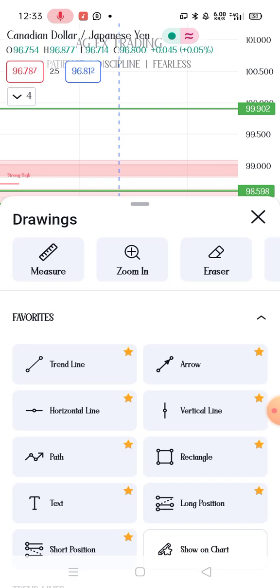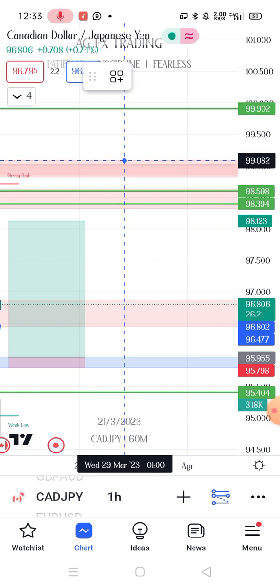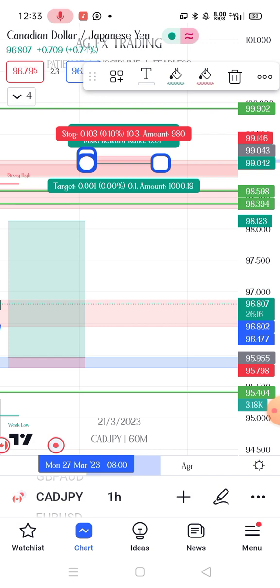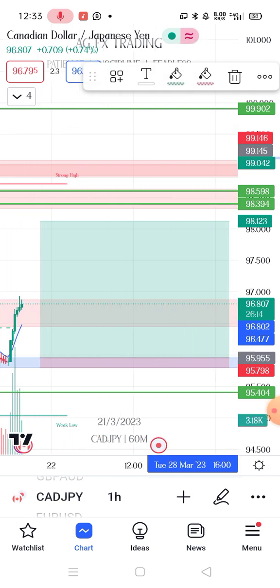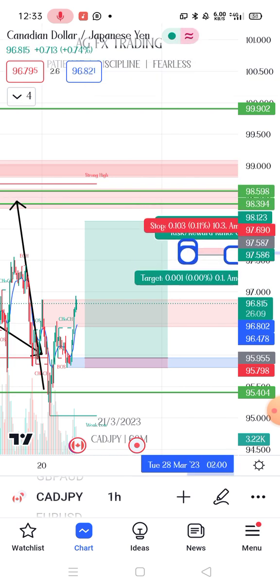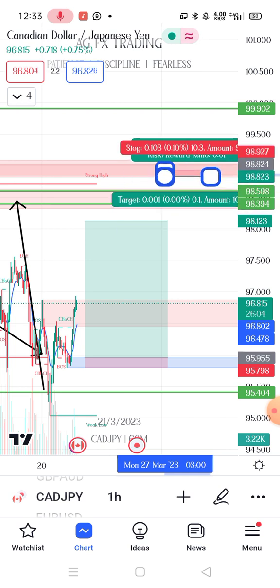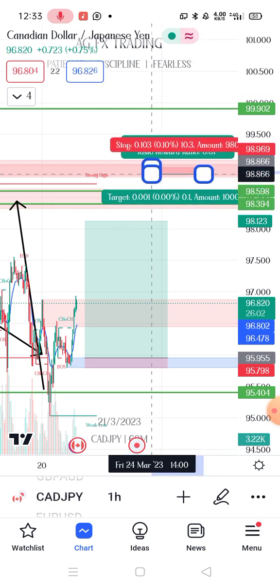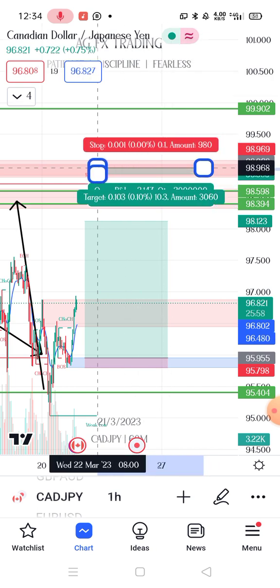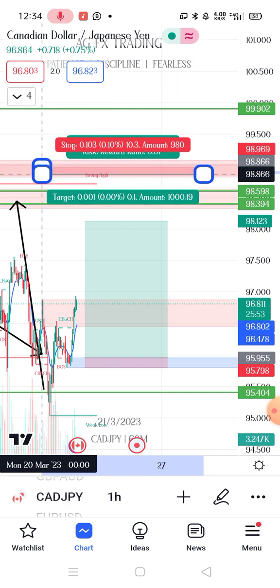Nope. Short position. It is misbehaving.